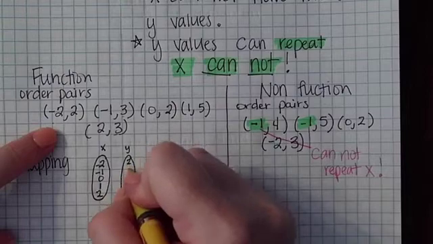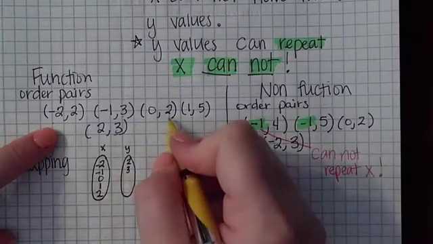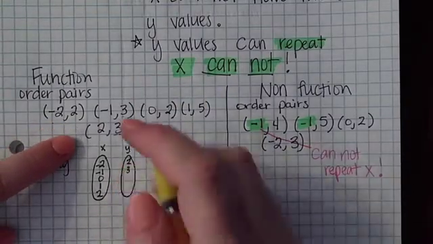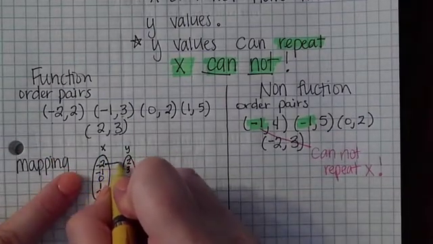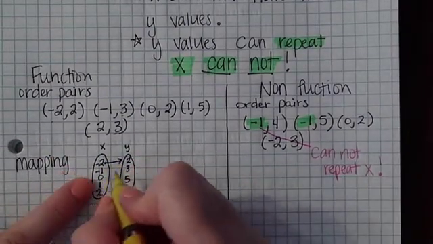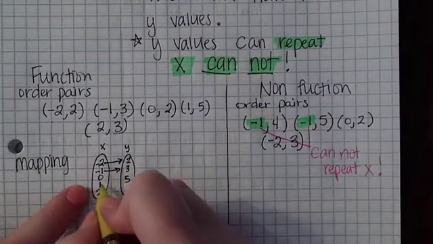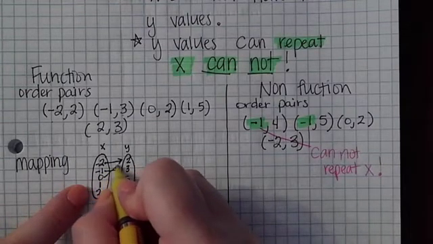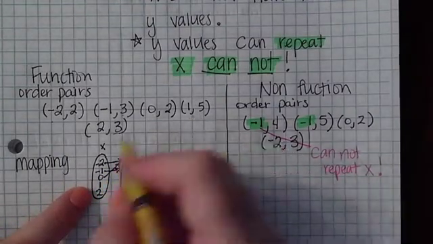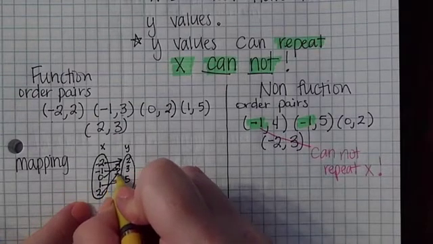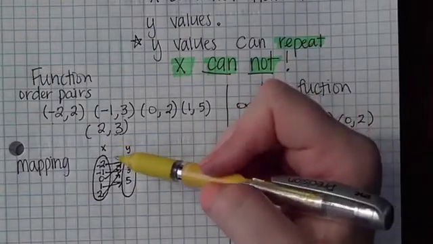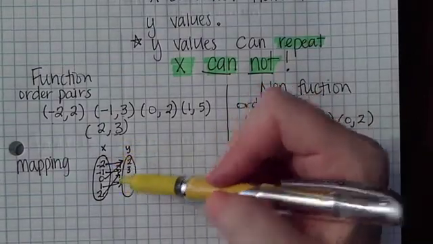So 2, 3, 2, you don't write the repeated one in a map, and then 5. So -2 goes to 2, -1 goes to 3, 0 goes to 2, so I'm going to draw that arrow up there. 1 goes to 5, 2 goes to 3. So notice none of these arrows go to two different places.